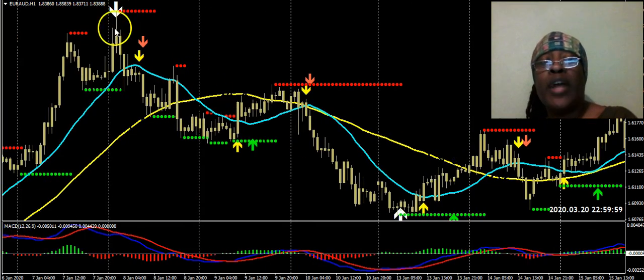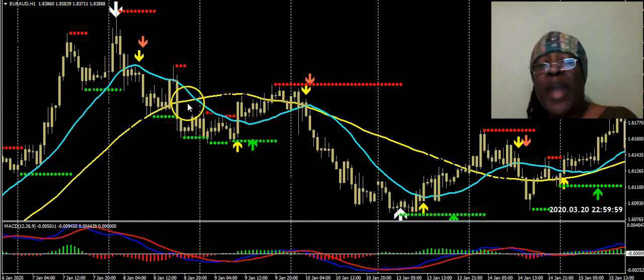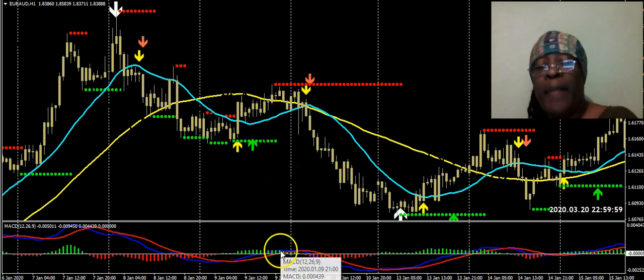If the triple arrow is bearish, we're only looking for sales. And we're waiting for the price to close above the 50 or the 20 moving average. We don't trade in between. We line up that candle with our MACD to confirm the direction as well.